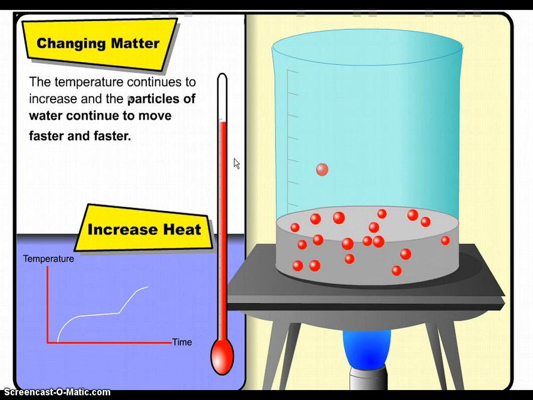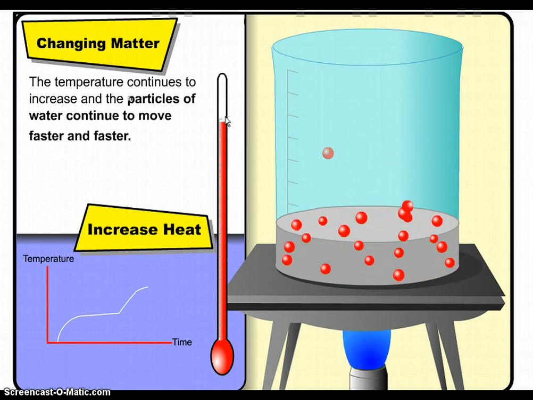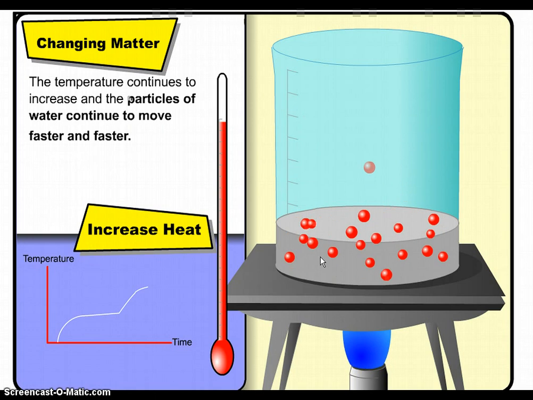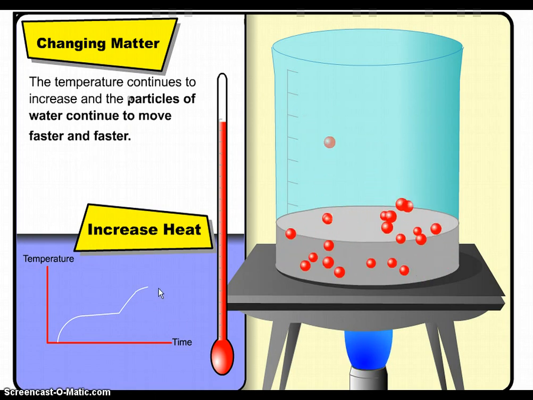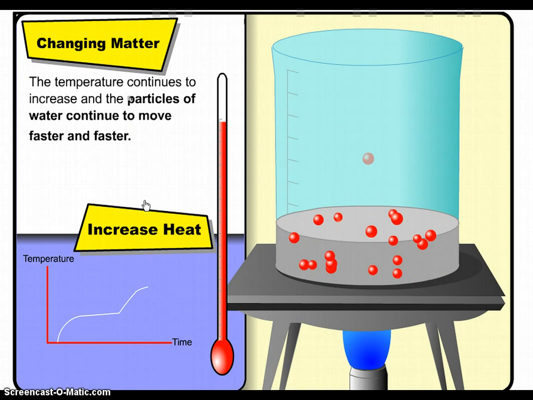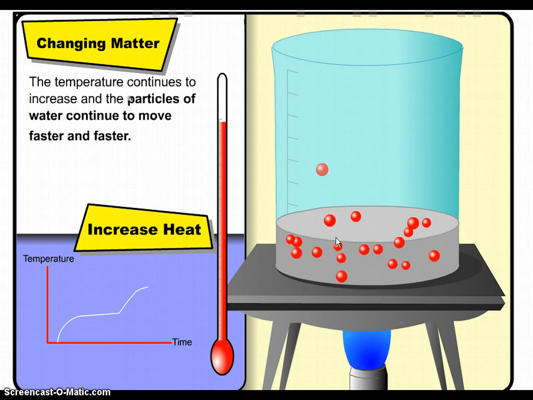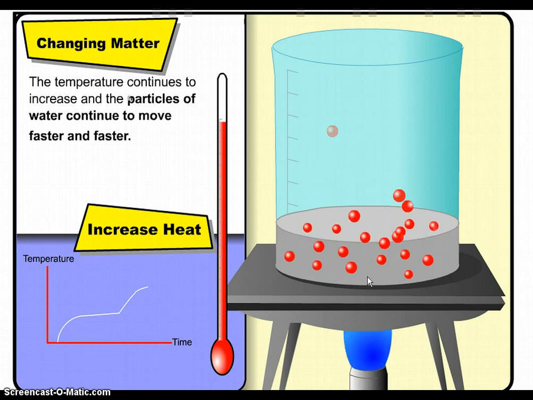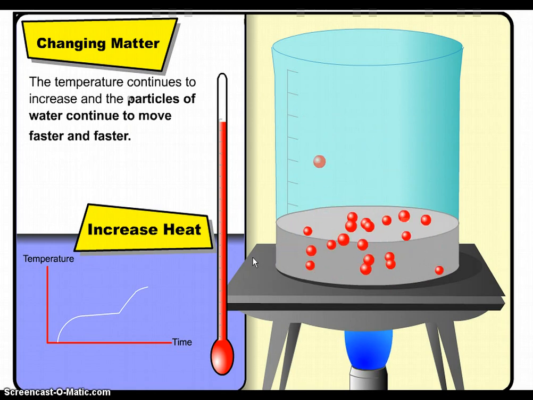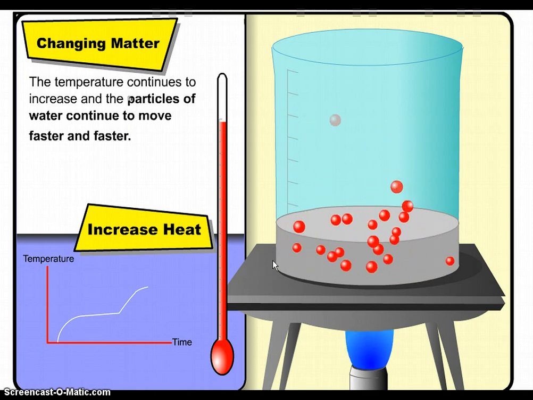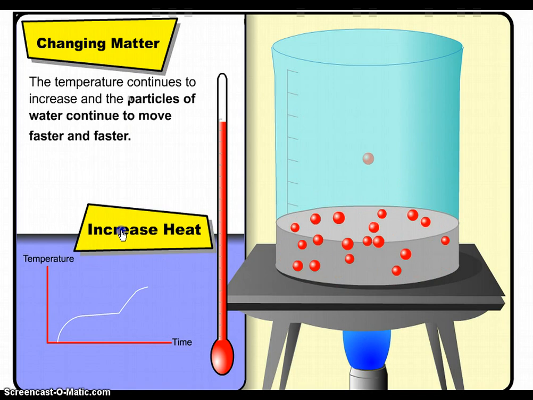So we've reached the boiling point of the liquid, and we see that the temperature is not going to go up again. The reason is that we're waiting for all of the molecules in the liquid phase to evaporate or boil off into the gas phase before the temperature of the substance can increase.